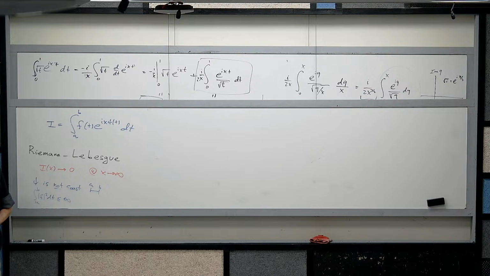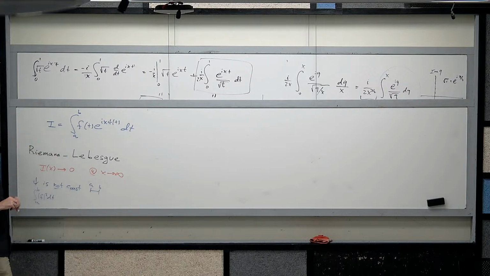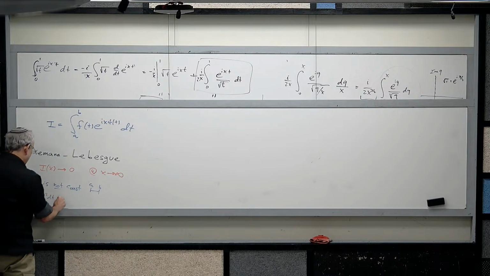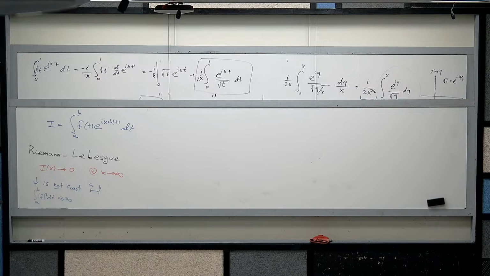If you want to say that it's finite, it's without the equal, it's strictly less than. And the other condition is that psi is continuously differentiable between A and B. Okay, that's a condition.